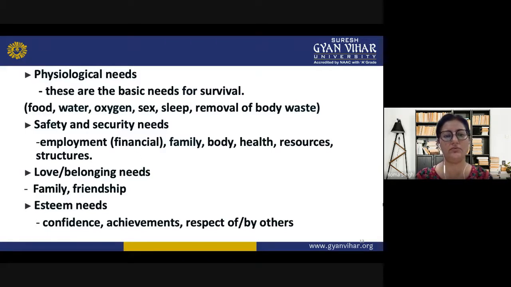After fulfilling all the needs, that is physiological needs, safety and security needs, love and belonging needs, after that there are the esteem needs, which means that at a certain point of time, by practicing many things, you attain confidence, you achieve something in your life, you're respected by others, you respect others. So these are the esteem needs which also need to be fulfilled for a person.